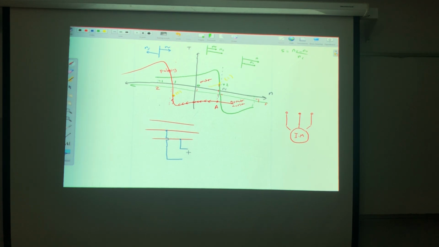If I do the math, I can calculate the transformer I need to engage. Let's engage a transformer. This is a transformer.